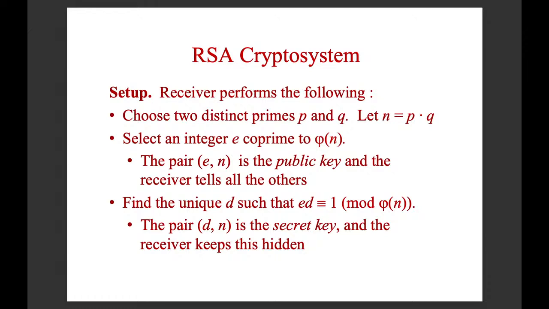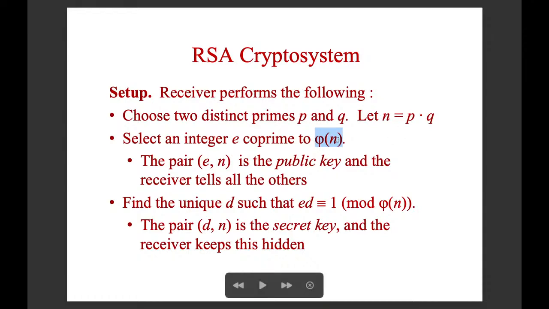The receiver first chooses two distinct primes p and q, which are usually very large primes, and then makes the product pq. Let's call it n. Because the receiver knows p and q, he must be able to compute phi of n very easily. Phi of n is simply (p minus 1) times (q minus 1), using our formula.